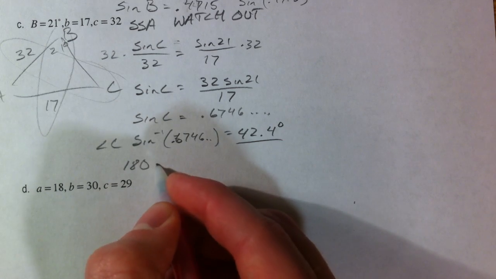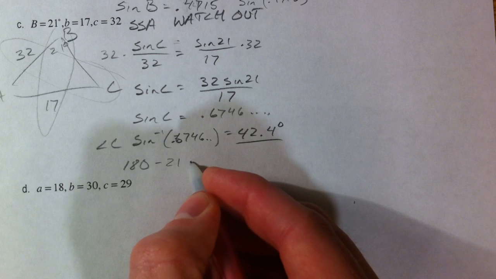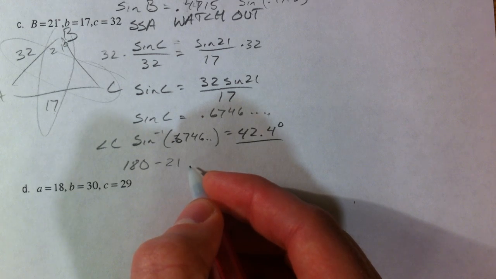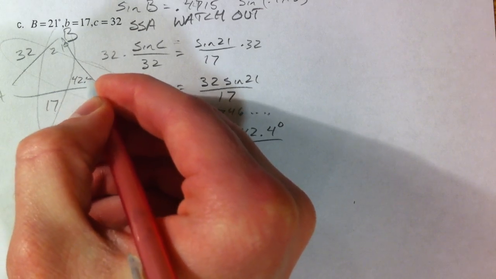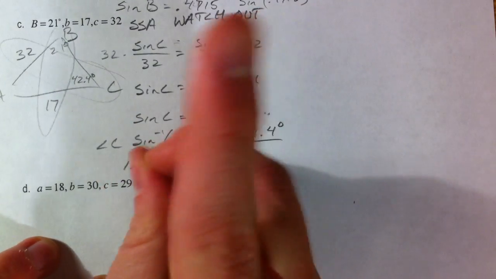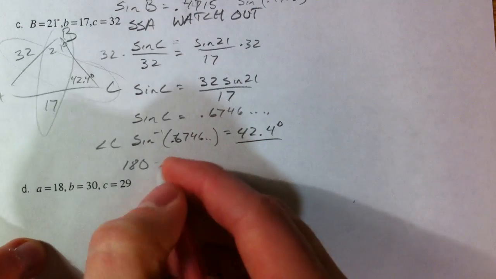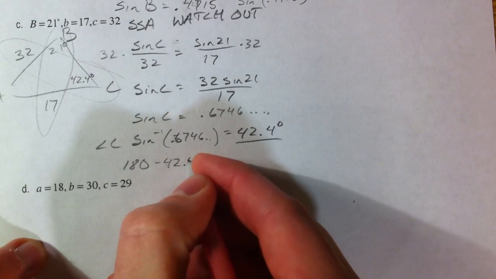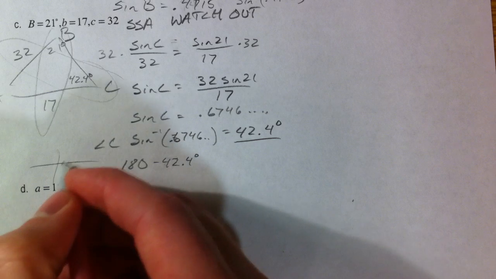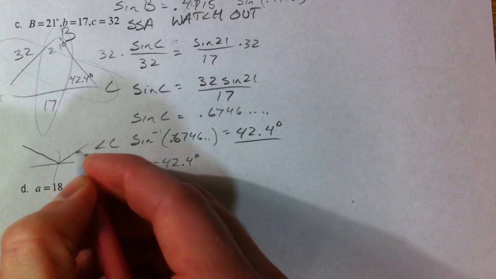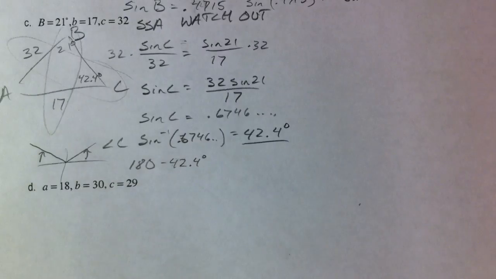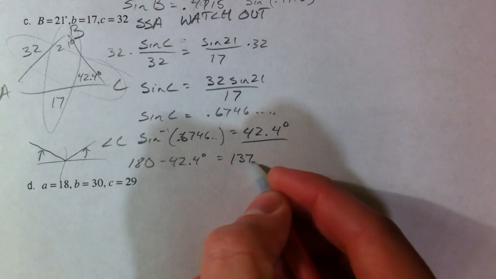180 minus our 42.4 is going to give us a possible second angle, because the sine of 42.4 and the sine of whatever this angle is over here, 180 minus that, is 137.6.